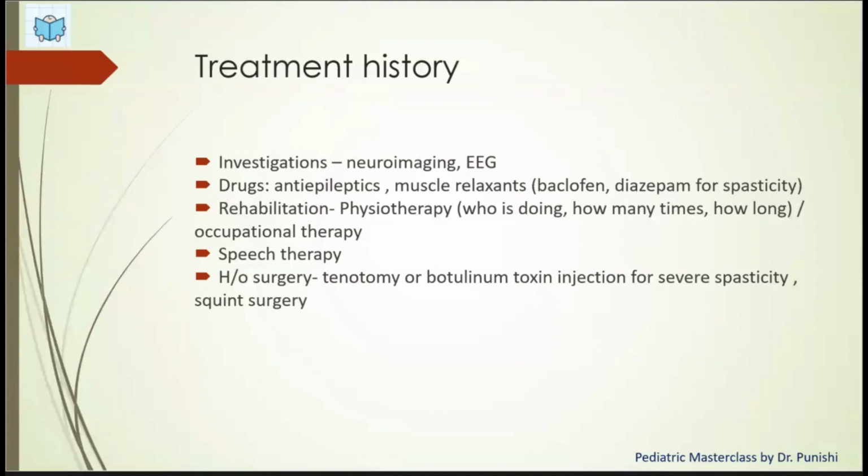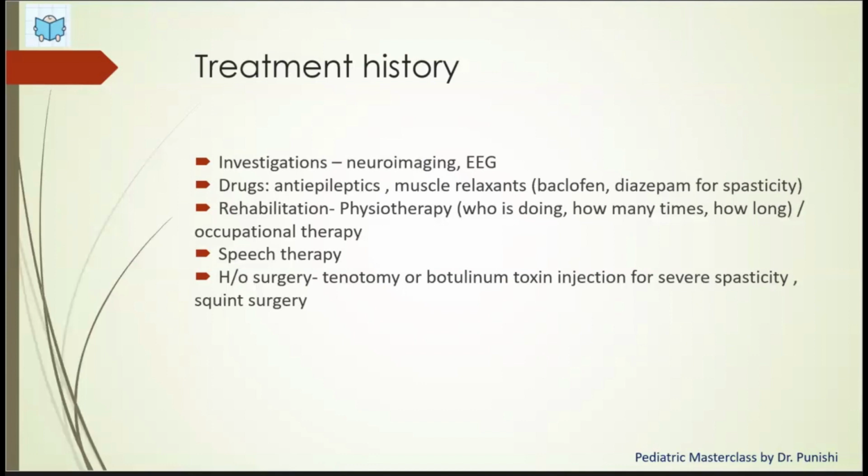Most important in a child with cerebral palsy is rehabilitation. Physiotherapy, occupational therapy, and speech therapy are the mainstay of treatment when dealing with a child with cerebral palsy. So how would you take the history of physiotherapy in more detail, to see if the child is receiving adequate physiotherapy for his age and his level of motor involvement? Who is doing the physiotherapy? Is the child going to the physiotherapist, say, twice a week or thrice a week, or is the mother doing it at home?